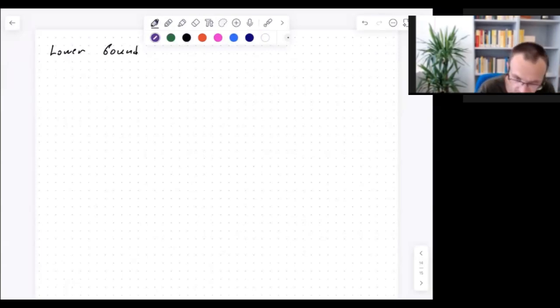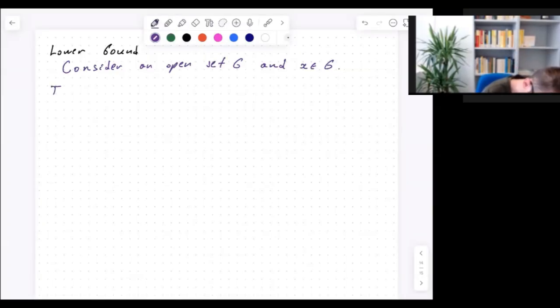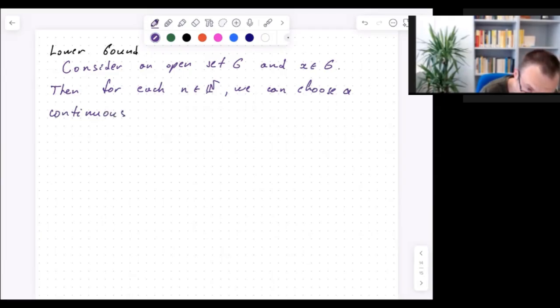And for that, we consider any open set G and take an element x that belongs to G. Then for each n we can choose a continuous function fn from E to the interval from minus n to 0.